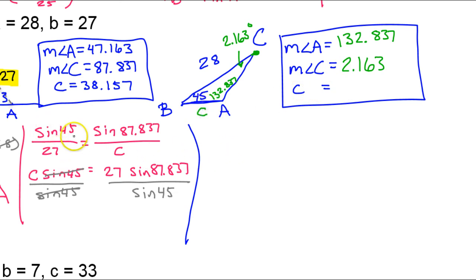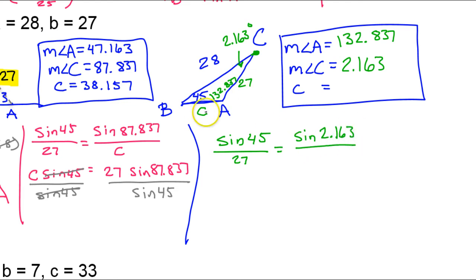Okay, so I'm going to use the law of sines like I did before. So using the same angle that I have over there, the same ratio that we started off with, sine of 45 over 27. Okay, oh yeah, let's not forget this is 27. That's given to us. Alright, so the sine of 45 over 27 should equal, and now I'm going to use angle C and side C. So I'm going to say the sine of 2.163 over C. So I can just cross multiply.